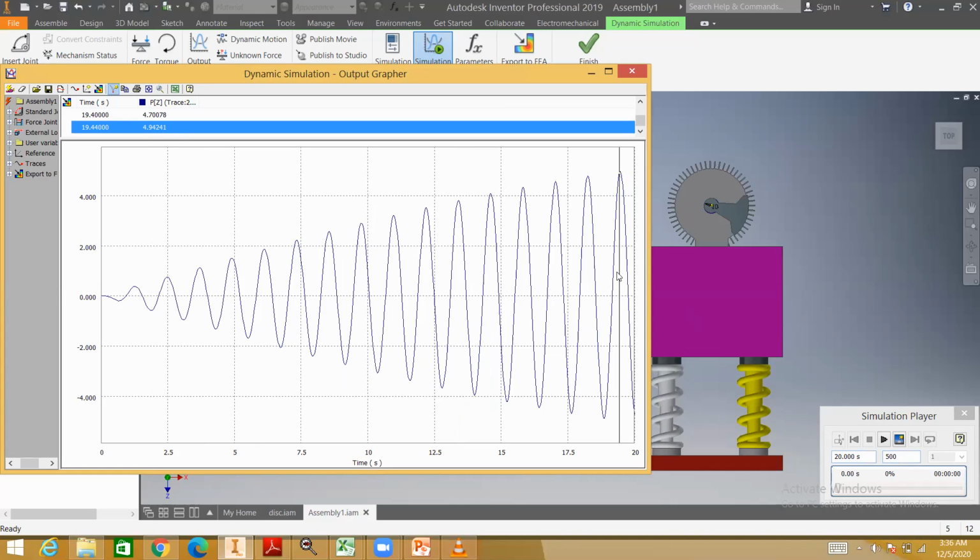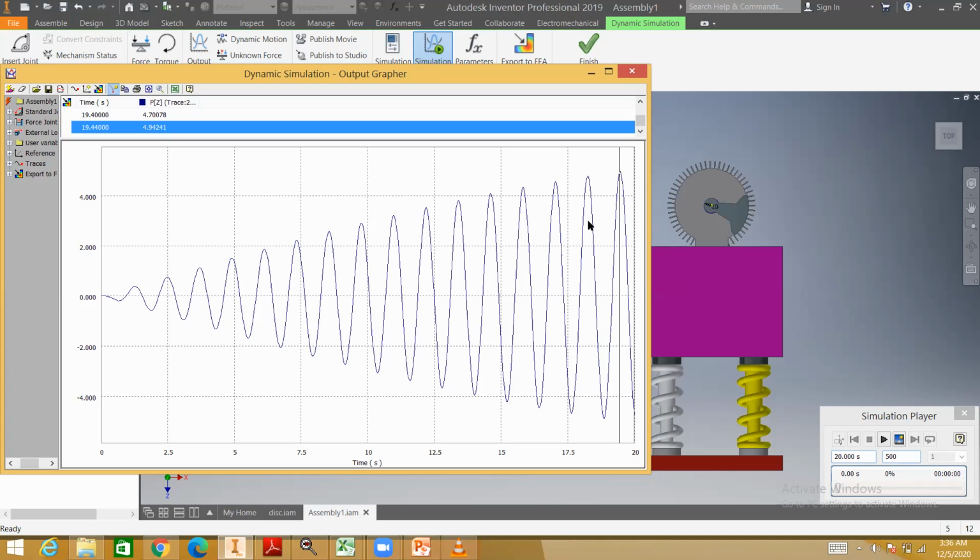Suppose you cross this natural frequency value. Note down that for 50 rpm, the value of the displacement is 5 mm. Now suppose I cross this frequency and take 65 rpm.